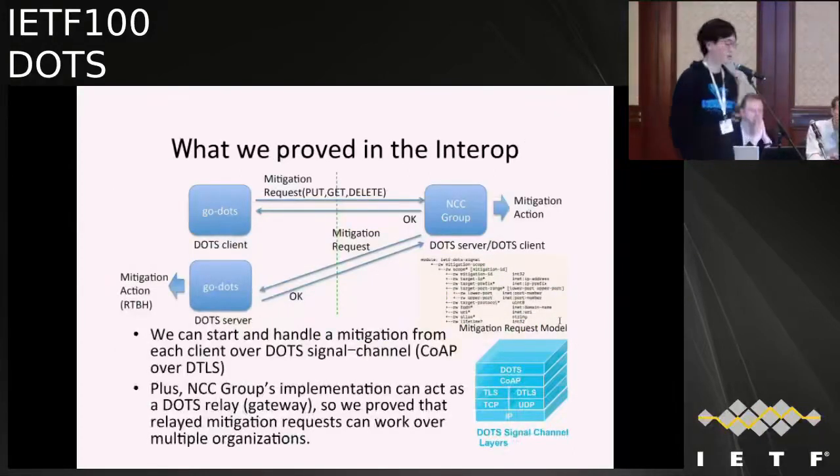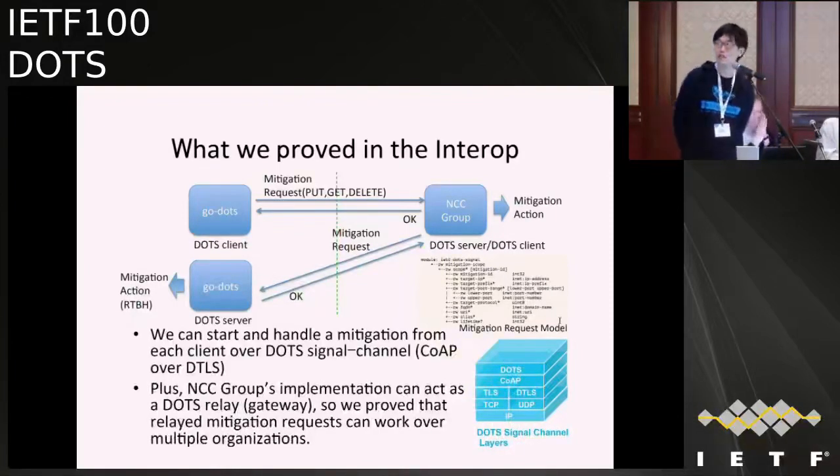So here's what we proved in the interop. Now we can start and handle mitigation from each client over the DOTS signal channel of CoAP and DTLS, by mitigation requests of CoAP PUT, GET, and DELETE.